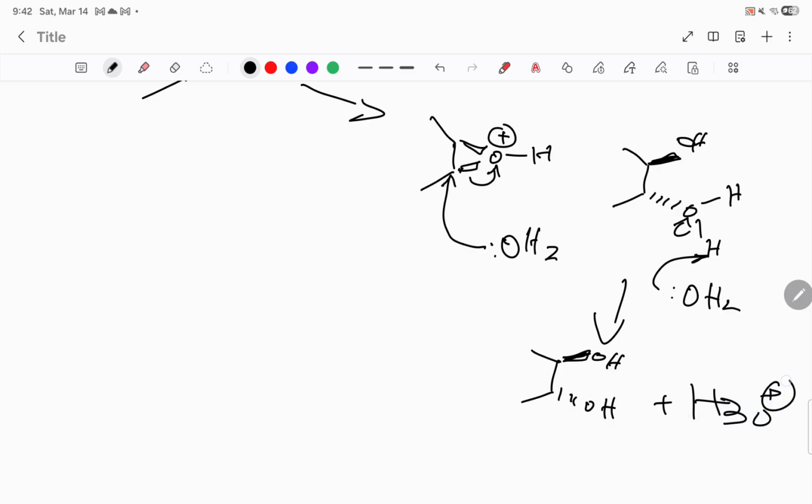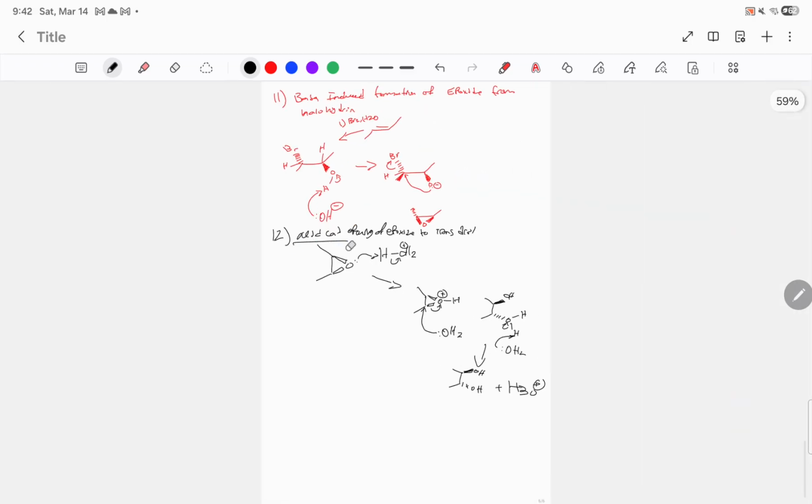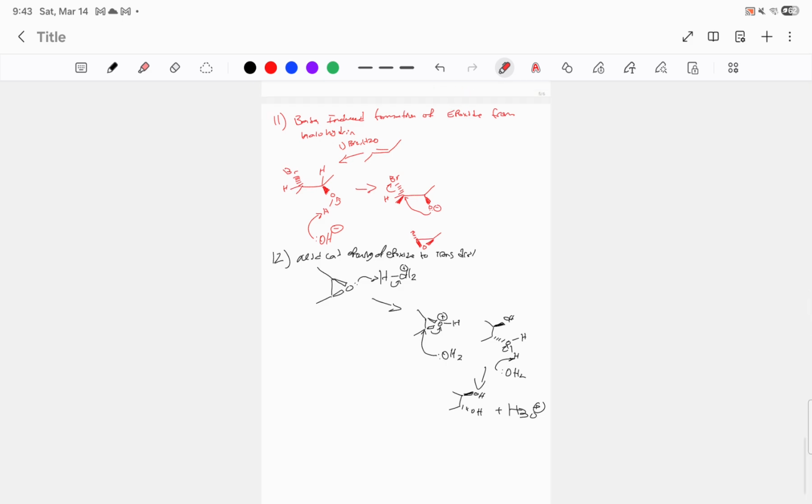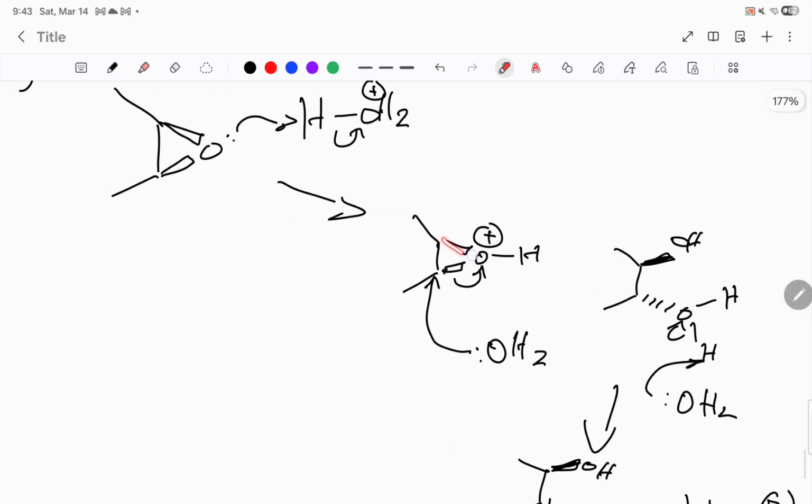So this is actually how that occurs, and of course in that process we generate our acid catalyst. Remember I said anything that is acid catalyzed, the catalyst has to be regenerated at the end of a reaction, otherwise it's not a true catalyst. Amazing. And protonating this epoxide, which already has a whole bunch of ring strain, gives even more ring strain, because the plus charge increases the ring strain even more.